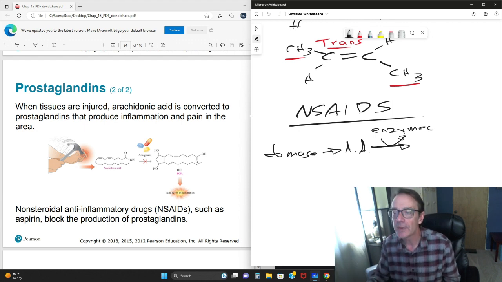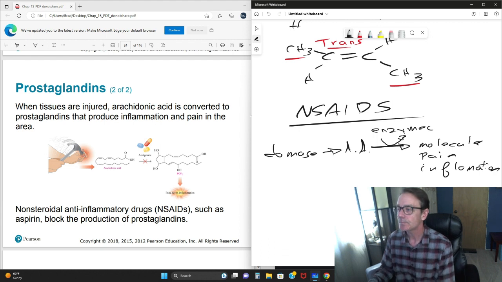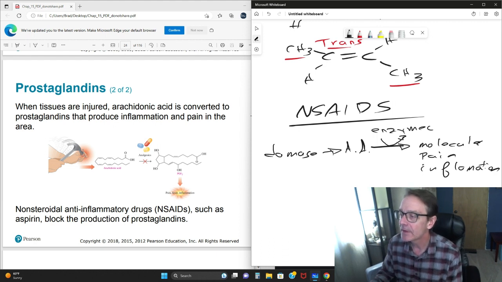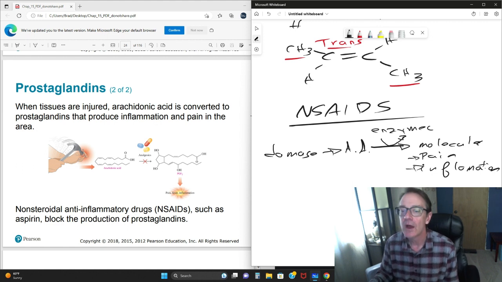But essentially what happens is molecules that induce everything that goes with tissue damage. Pain, you feel pain with those. You get inflammation, redness, all of that stuff. Okay, and they can even be fever-inducing. But for today, pain and inflammation are the main thing.